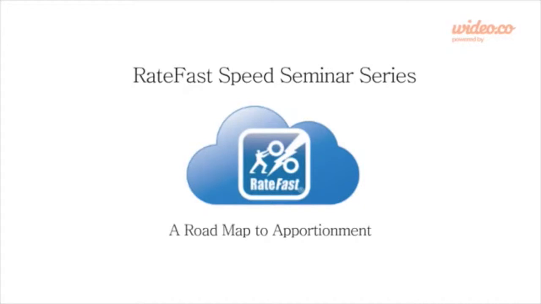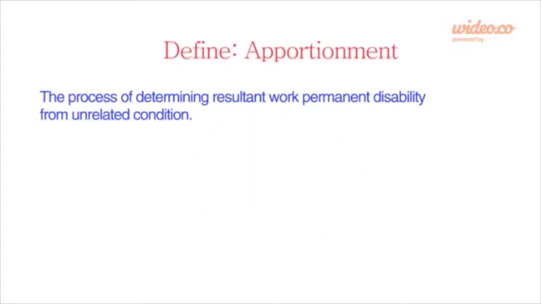Let's first define apportionment. What is it? Apportionment is the process of determining resultant work permanent disability from unrelated conditions. So for example, perhaps you had a pre-existing back injury that was caused by gardening, and it resulted in a permanent disability, and now you have a work injury on top of that.